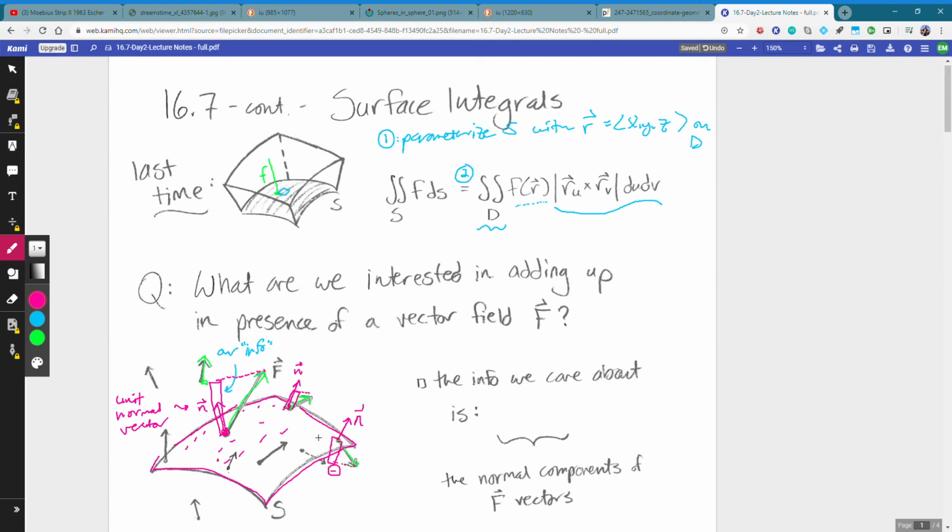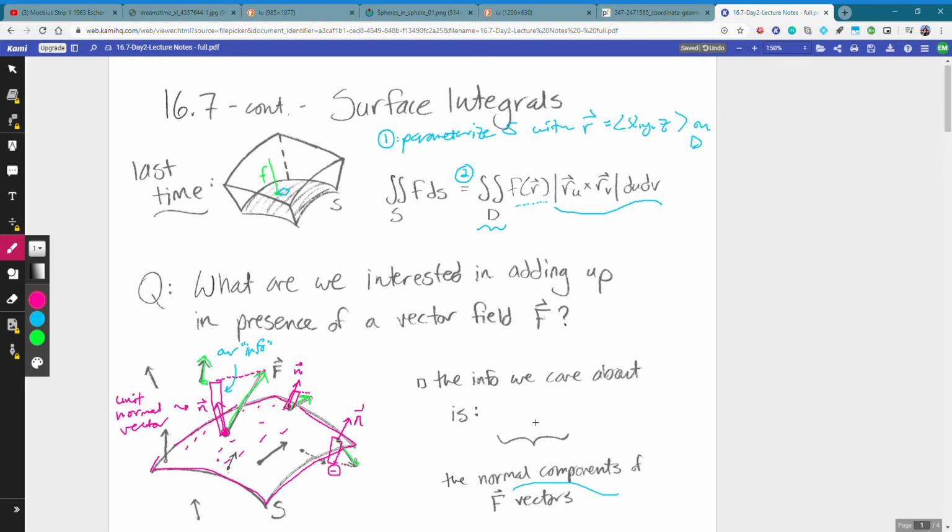And so this is the information that we're looking to get our hands on, the normal components of our F vectors. And what turns out to be true is that we have a nice computational formula for getting our hands on this.